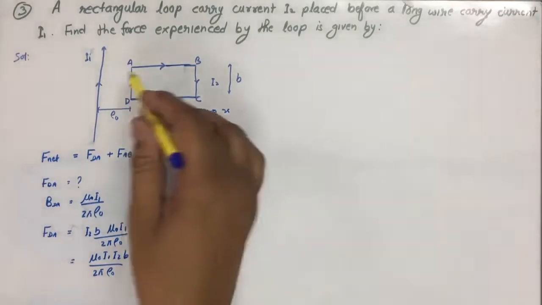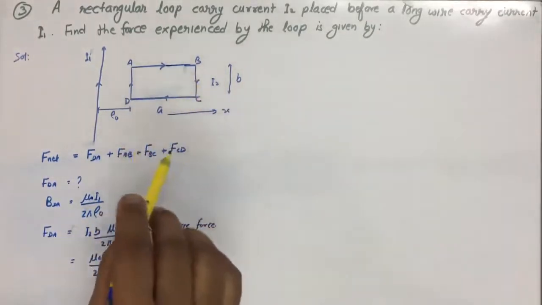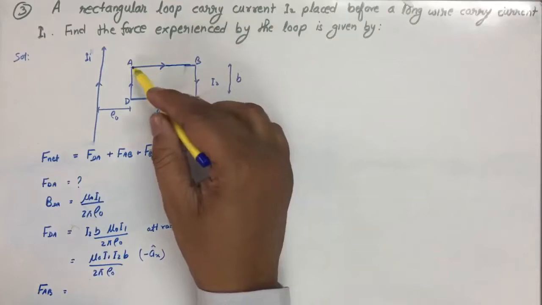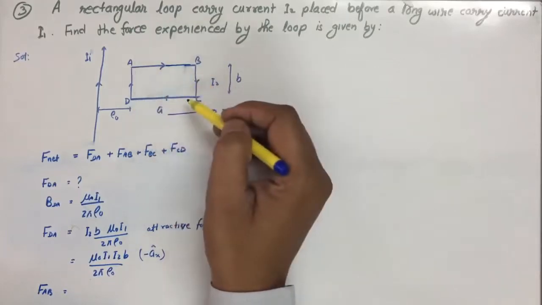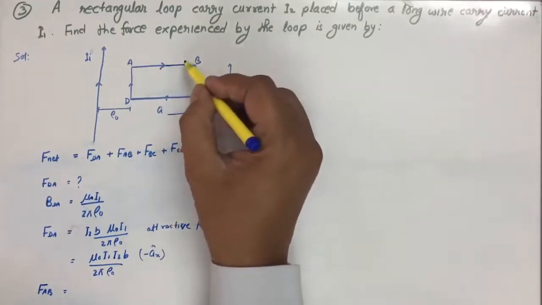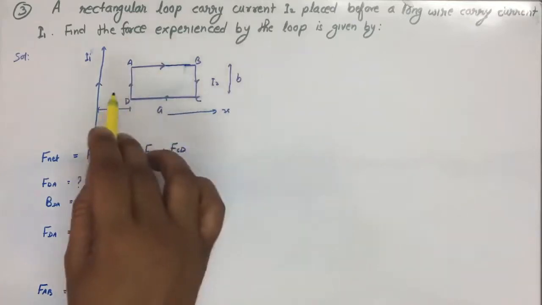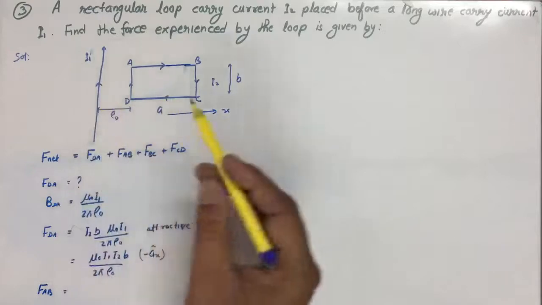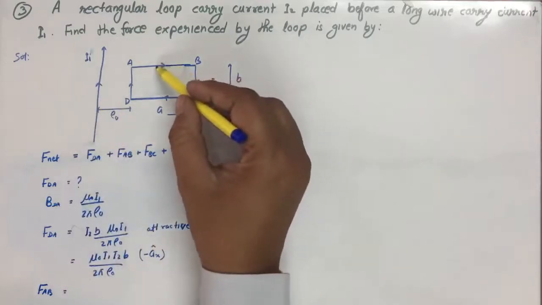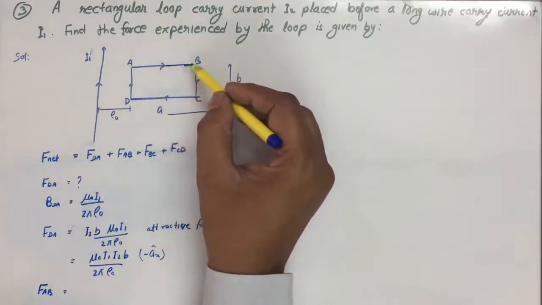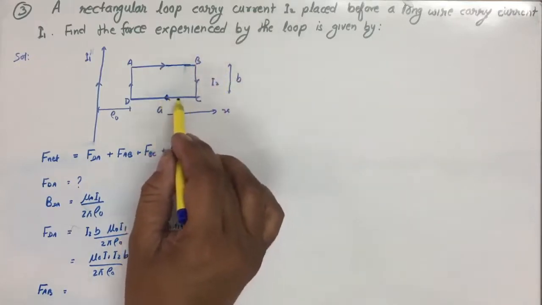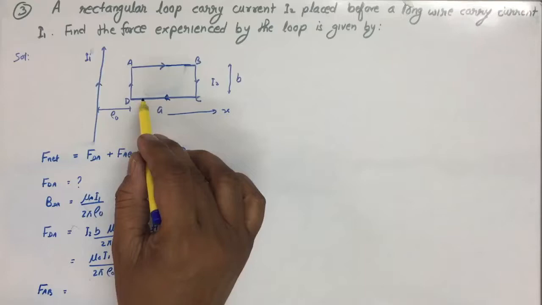Now the force at AB. Okay, so at AB and CD, let us try to understand together. Both are at equal distance from here, and the current in AB is towards positive x, and the current in CD is towards negative x.